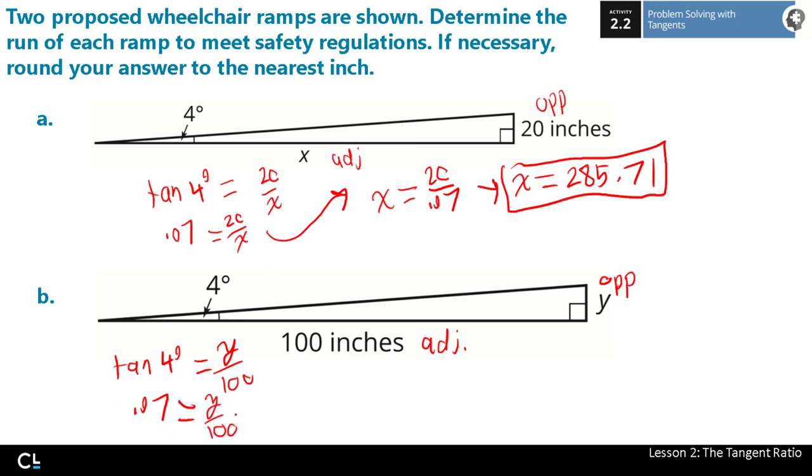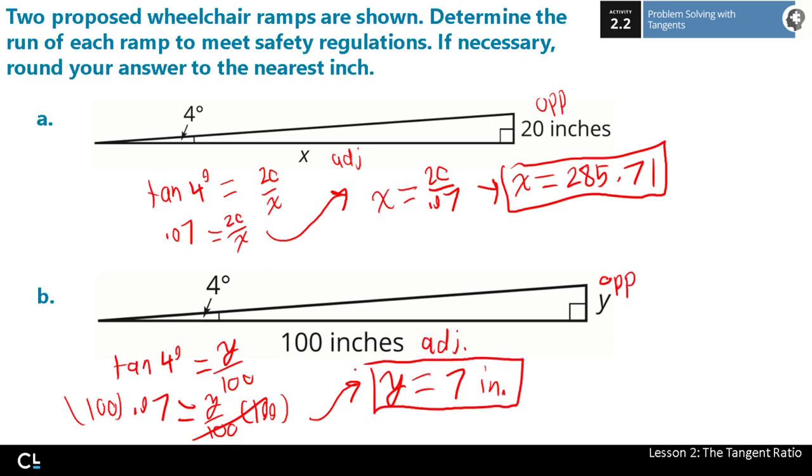For this one, all we have to do is multiply by 100 on both sides, because it's going to get it out of the denominator here. And what this will give us is y is equal to 7 inches. And there is our answer, right?